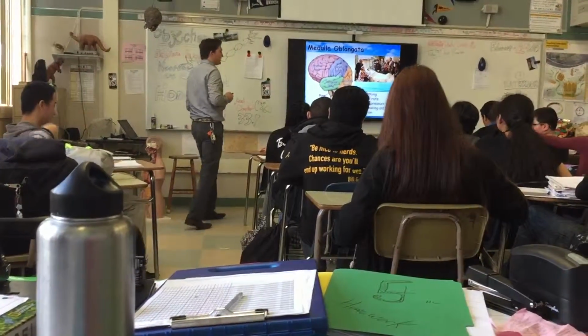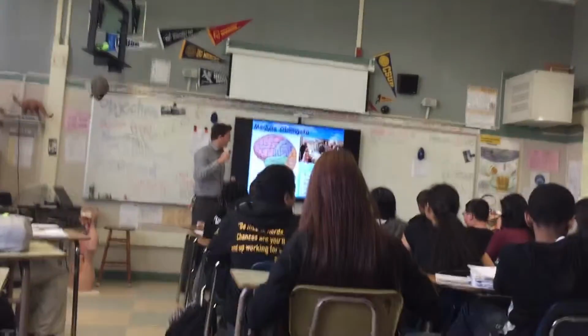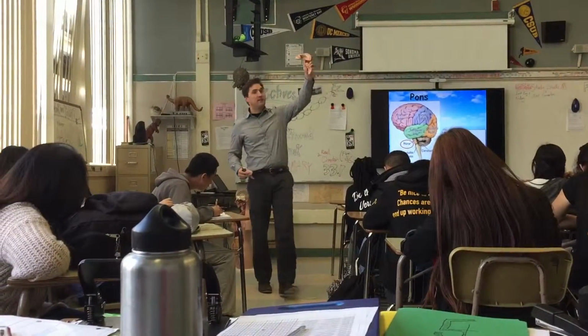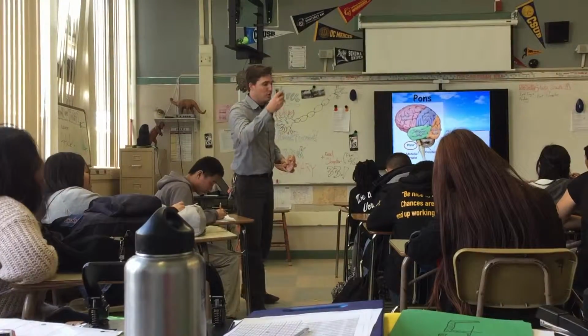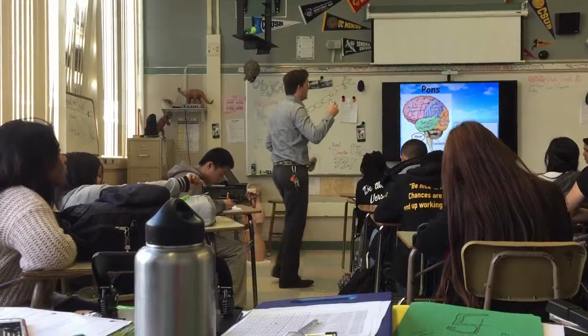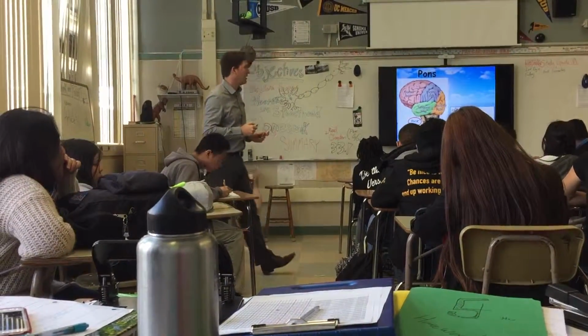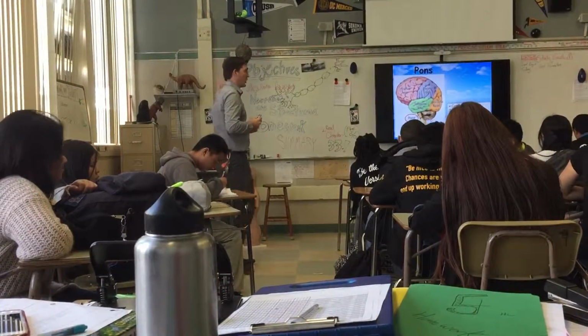The last part of the brain is the pons, right there. The pons is really interesting. It connects my big cerebellum right here to my medulla oblongata. This is also responsible for helping control rates of breathing.